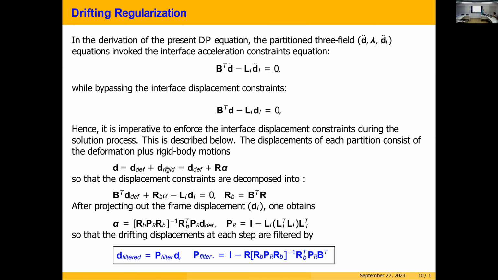This is really one important point: when we derived the DP equation, the constraint condition was a momentum conservation between the interface and the partition, or acceleration for that matter.